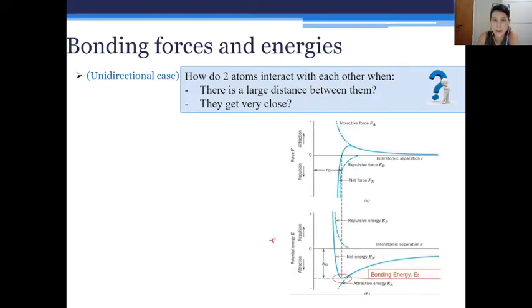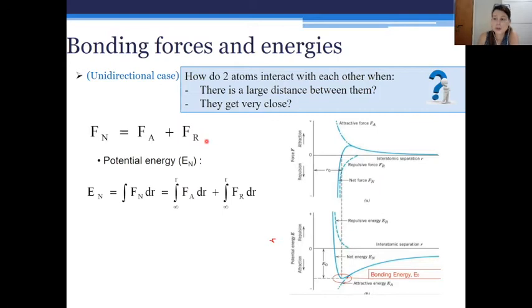So now let's have a look at the potential energy. To get the potential energy, we should integrate the forces in relation to the variation of the interatomic separation. By doing that mathematically, we obtain the graphic presented above.